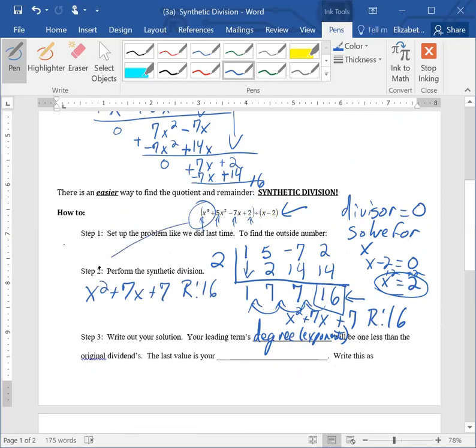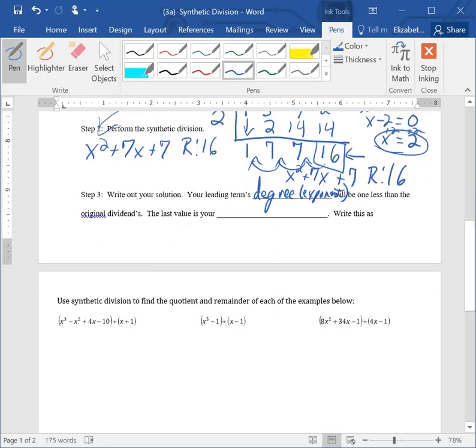Do you see how our quotient, our answer, our exponent was 1 less? We started out with x squared. So if you wanted to work left to right instead of working right to left, that's a good thing to know. Also remember that your last value, that's the 16, is your remainder. You're going to write this as remainder, R, with a colon, and then your number.